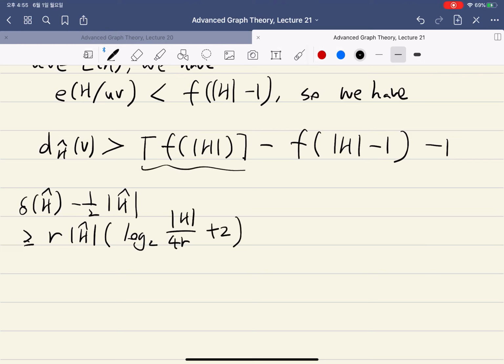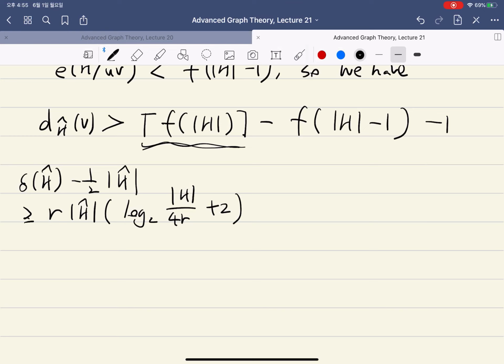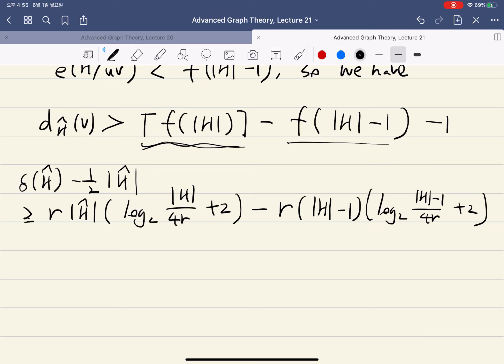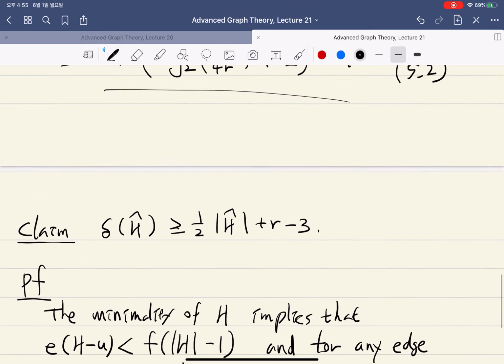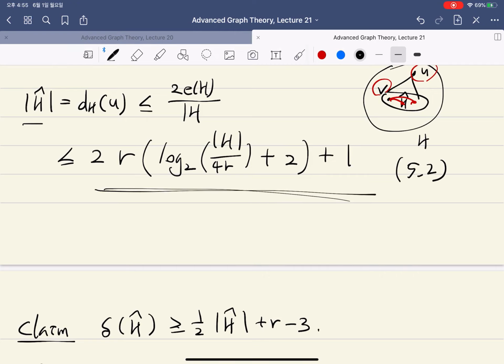So which is smaller than or equal to this, minus r times size of H minus 1 times log base 2 of 4r over H minus 1 plus 2, which comes from here, and say minus 1, and half of this.